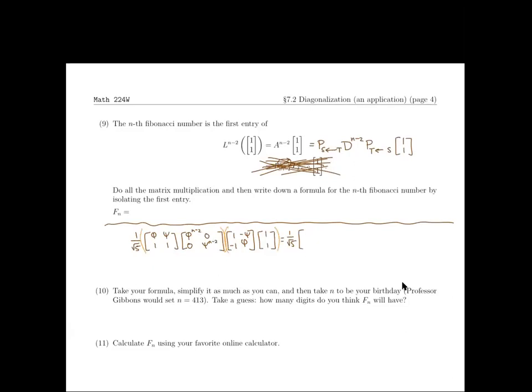We get phi times phi to the n minus 2 and then c times 0. So we get phi to the n minus 1 for our first entry. When we get to the second entry, we're going to get a c to the n minus 1 because I have phi times 0 and then c times c to the n minus 2. And then I've got a 1, 1, which tells me I'm going to get phi to the n minus 2 and then c to the n minus 2. So that took care of my first set of golden parentheses.